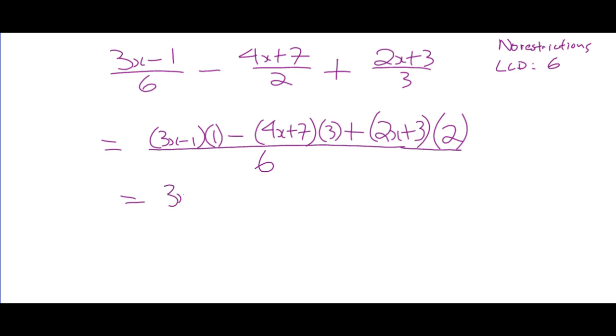Okay, so this is 3x minus 1. Now I want you to write the rest of the line. All you're going to do is go through and simplify it out, right? Multiply out by whatever, and watch that you get your signs correct. Because if you're going to make a mistake, that's where it'll be.